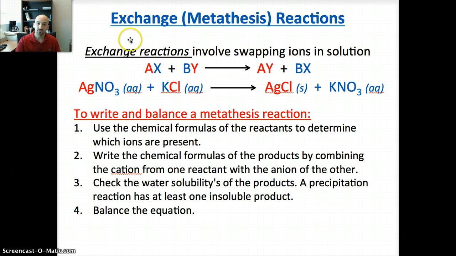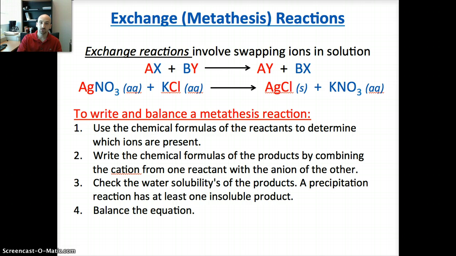In this first example, we have AX plus BY, and the cation from the first and the anion from the second combine to form AY, and then the cation from the second and the anion from the first combine to form BX. Double displacement, basically you're just swapping the cations and anions. If you use those rules, which are given here at the bottom of the slide, you can pretty much write and balance these equations.